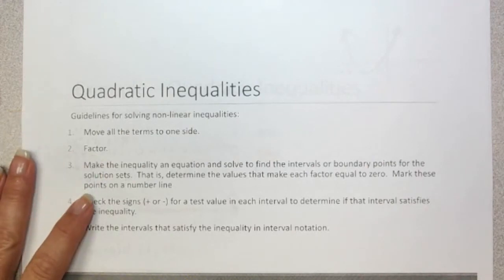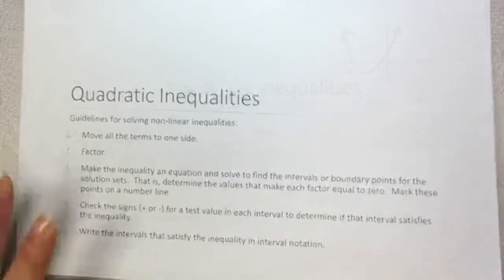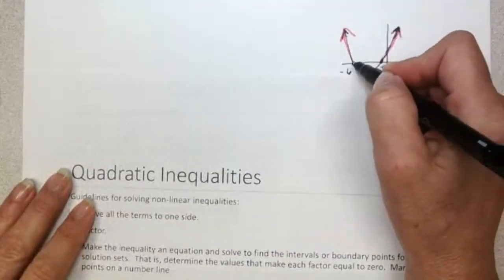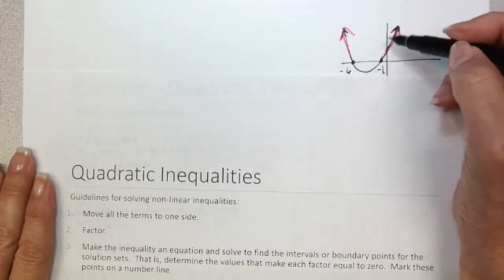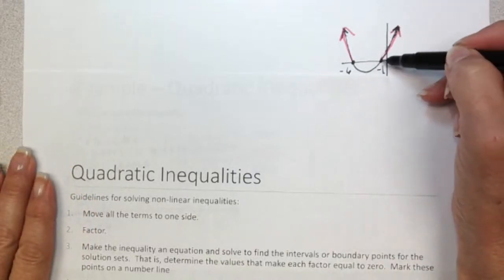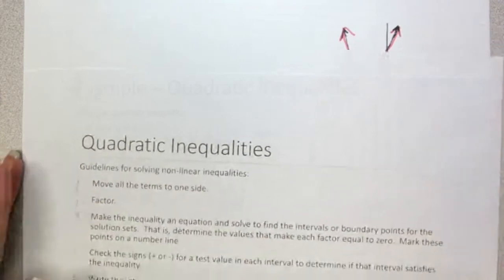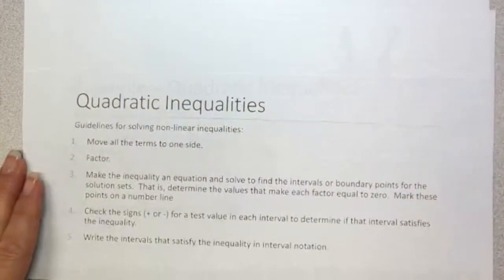Then make that inequality an equation, solve to find the boundary points for the solution sets. When you solve that equation, you're looking for the x-intercepts, these two values here, because that's going to tell us the intervals above the x-axis and the intervals below the x-axis. Okay?